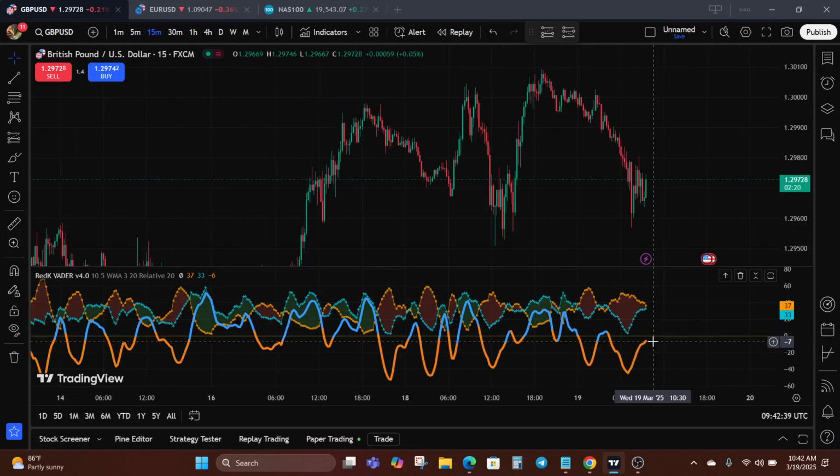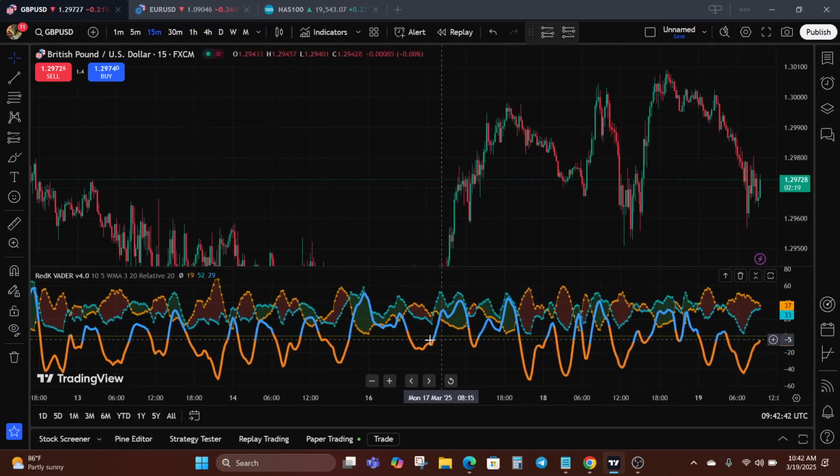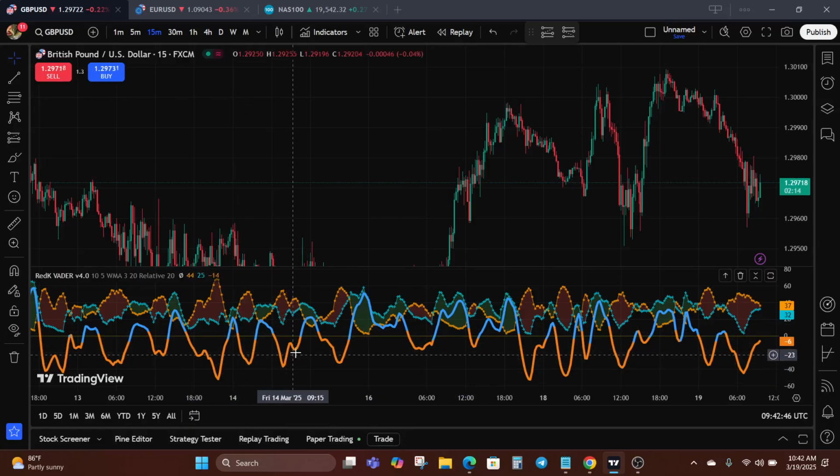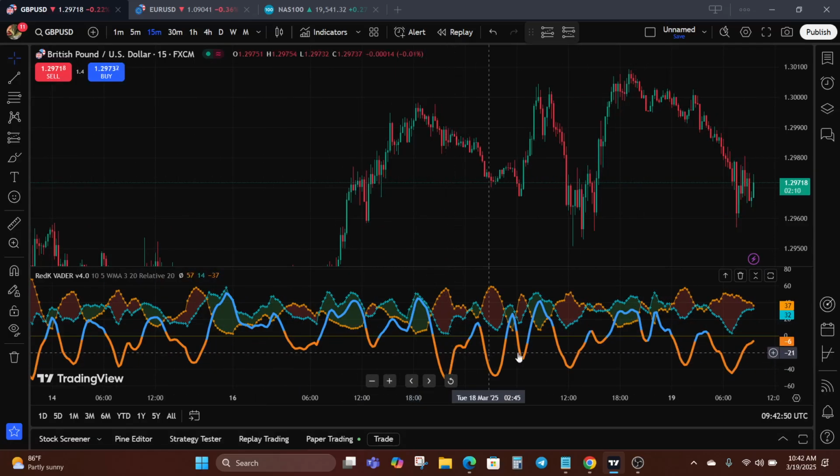Okay, now you're going to observe that this indicator has this line that moves within the positive territory and the negative territory. And in addition to this line, you're also going to notice that there is another side indicator attached to this, that is always on top, always above the zero level.